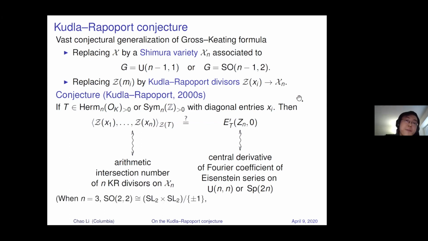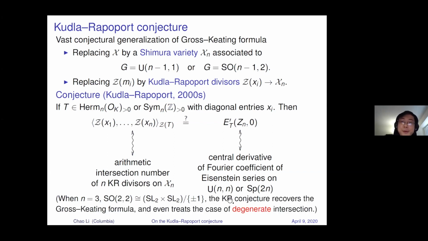For example, if I take n equal to 3, then the split orthogonal group SO(2,2) is essentially 2 copies of SL2. So the relevant Shimura variety in this case is nothing but the product of the 2 modular curves we have discussed. In particular, the Kudla-Rapoport conjecture would recover the Gross-Keating formula. I specialize to this special case. And even more, you see now I have no assumptions on these diagonal entries.